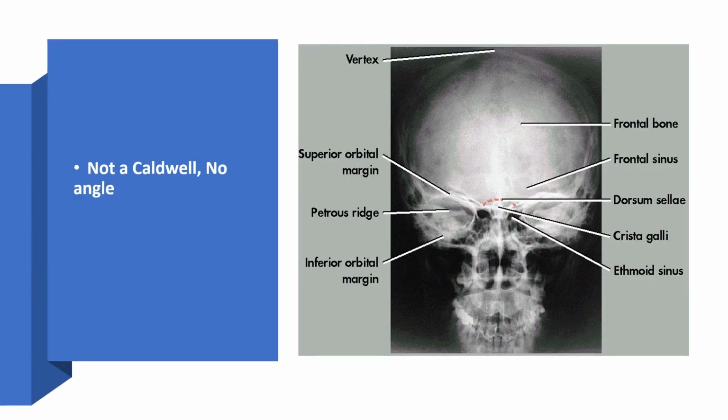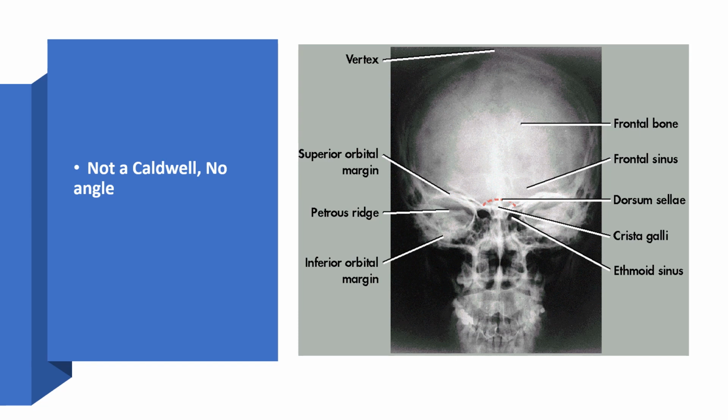Now, this is not a Caldwell projection. This is a straight PA projection. And the difference is the crista galli has dropped down about 1/4 of an inch, right? And the petrous ridges have risen up about 1/4 to 1/2 inch.